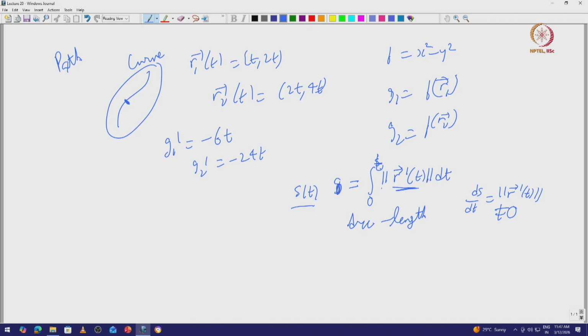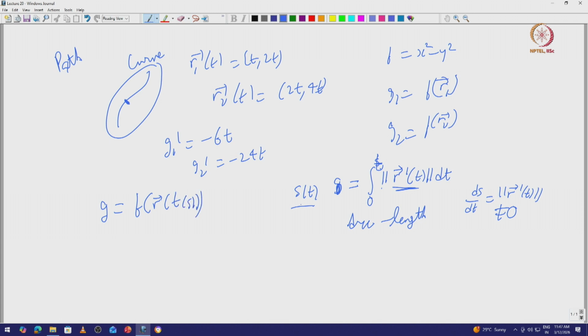At this juncture, there is something called the inverse function theorem, which we will look at later. But the bottom line is, if you define g as f of r of s, by r of s, what I mean is t is a function of s.